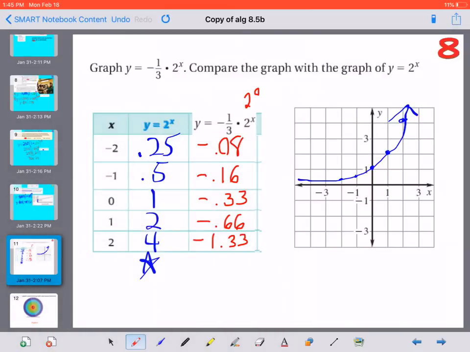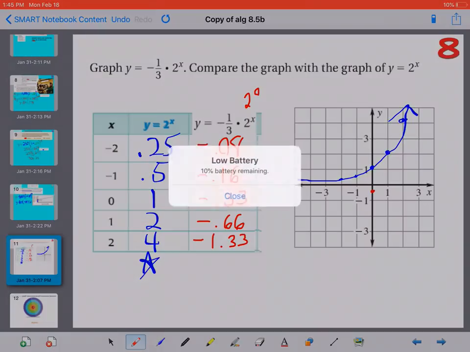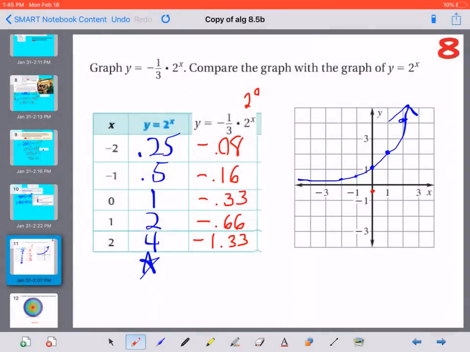So if we start at 0 and go to negative 0.3, that's about right there. 1 is negative 0.66. That's about there. 2 is at negative 1.33.